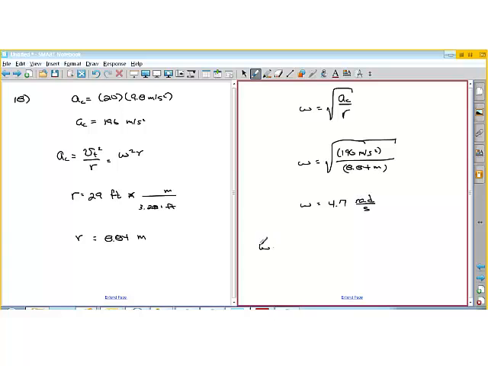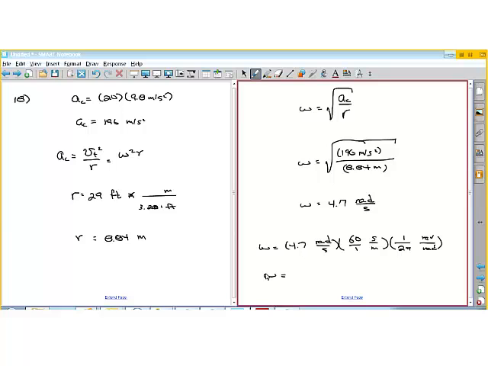And the problem asks for revolutions per minute, so I need to convert this radians per second. And the conversion, seconds I need in the numerator, minute in the denominator, and then radians I need in the denominator, and revolutions in the numerator. So I have 60 seconds per minute, 1 minute, and I have 2 pi radians per 1 revolution.